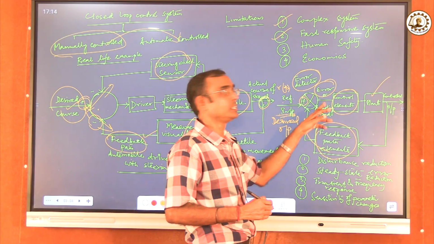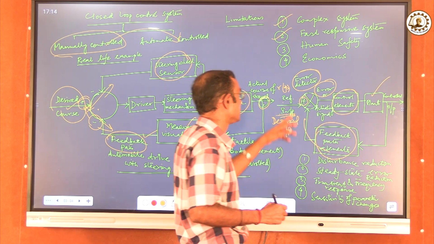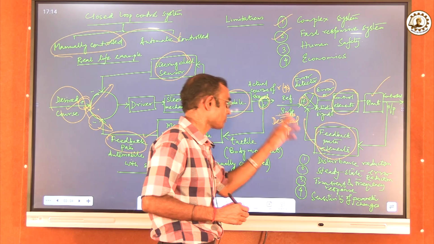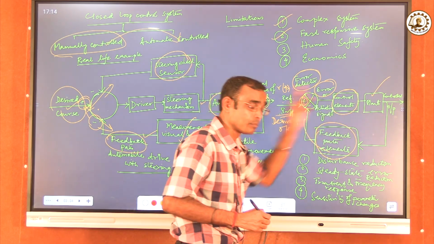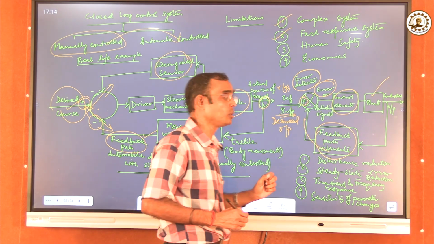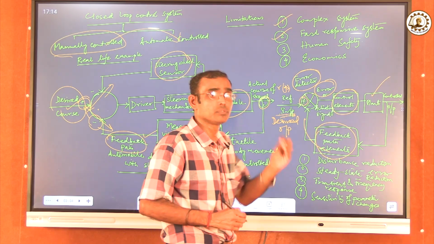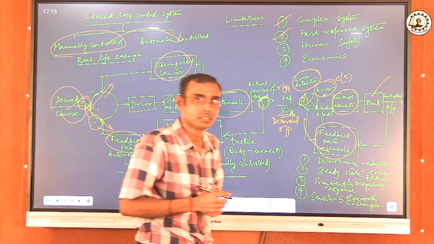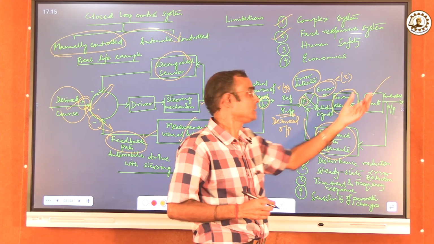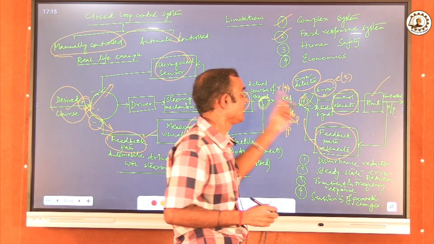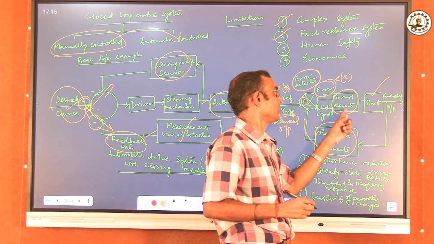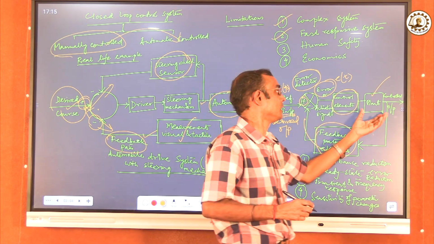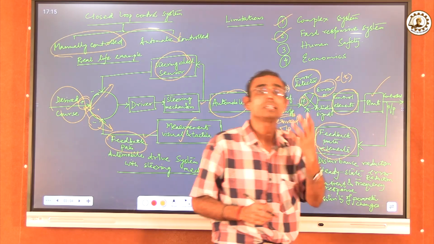And the error that is generated after the comparison of the desired output and the actual output is denoted by E of t. So this is also a time varying signal. This is the actuating signal, and that will be giving the control element the required command of what it should be doing with the working of the plant.